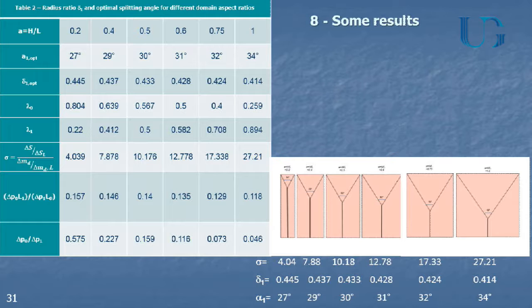Lambda 0 and lambda 1 also depend on the geometry of the domain, and the ratio, the sigma, the entropy divided by the mass flow rate delivered, is different for different domains, and it's higher for square domains than for slender domains. And these are the results. Now, qualitatively, I like these results. Quantitatively, I cannot tell.